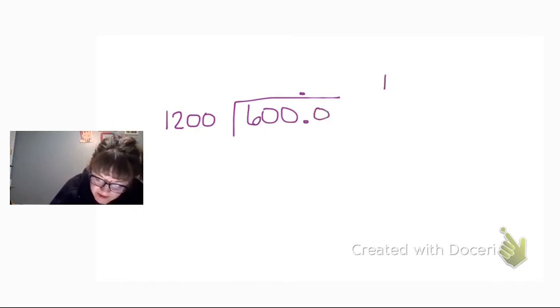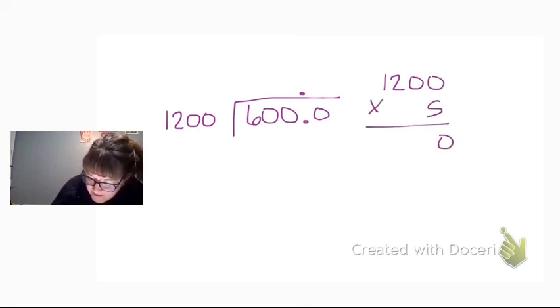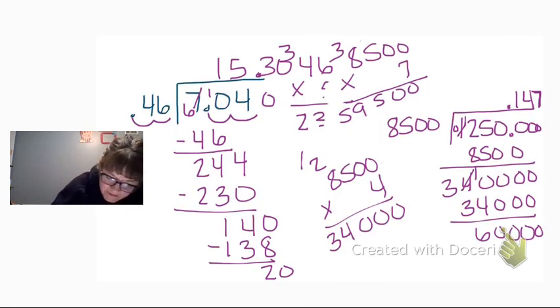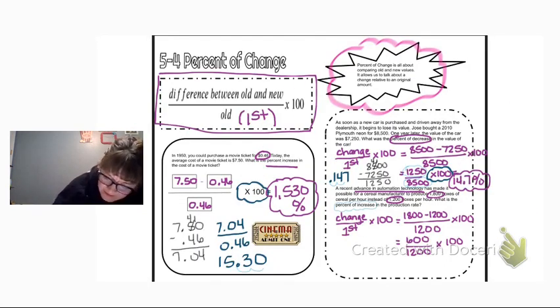And now we have 1,200 into 6,000. We'll do that times 5, which is 6,000. So this one came out evenly. So we get 0.5. And then times 100, which means we have to move that decimal 2 to the right and fill that hole with a 0. So this is a 50% increase.